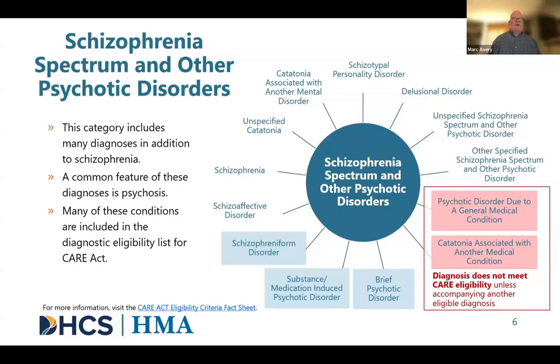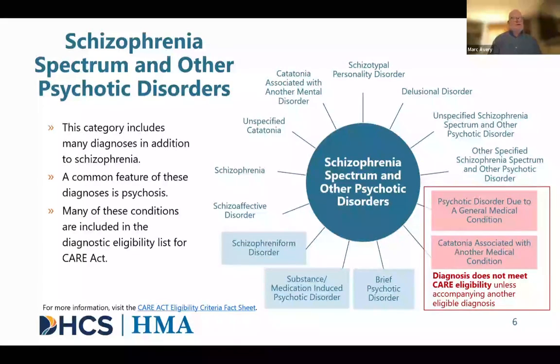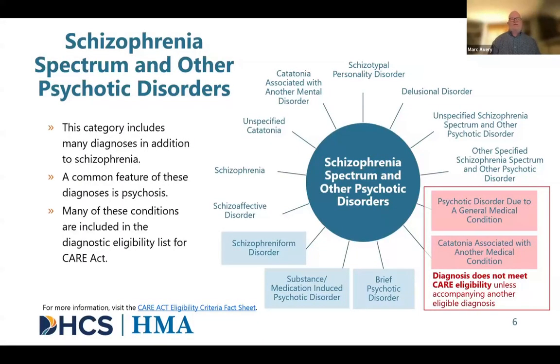However, much of the material also applies to the closely related conditions in this chapter, especially those of schizophreniform and schizoaffective disorders. The other conditions shown on this slide are all related in terms of having prominent psychotic symptoms, but may otherwise be experienced and appear quite differently than schizophrenia.